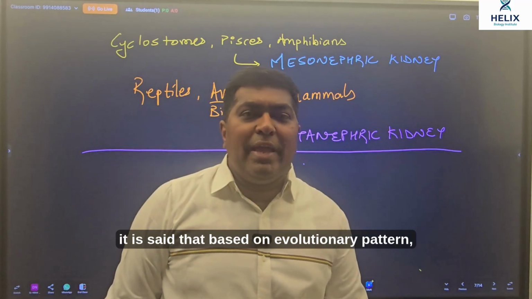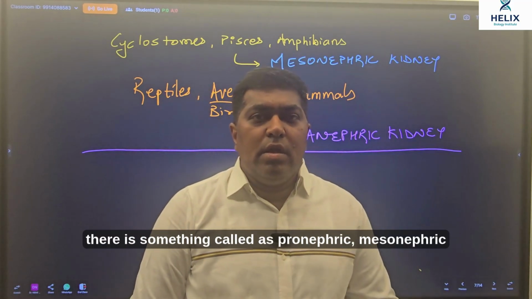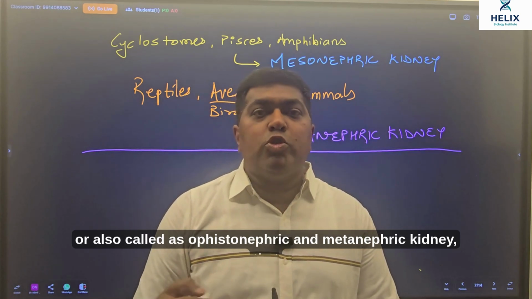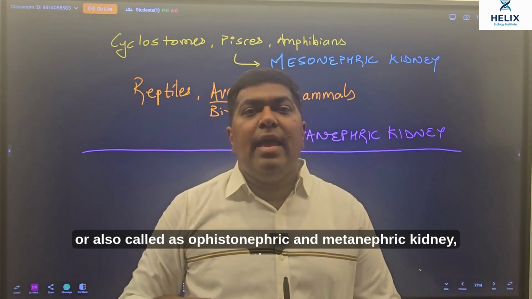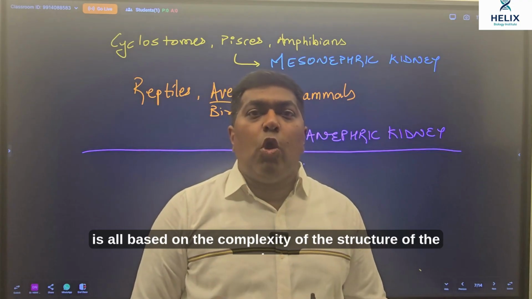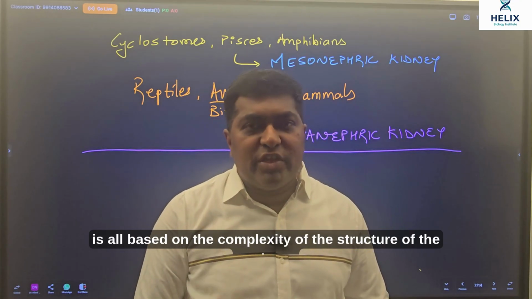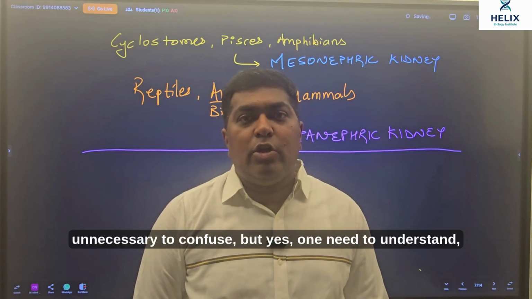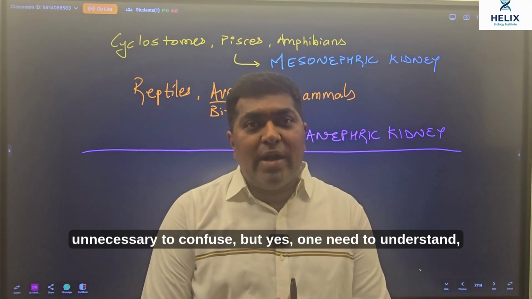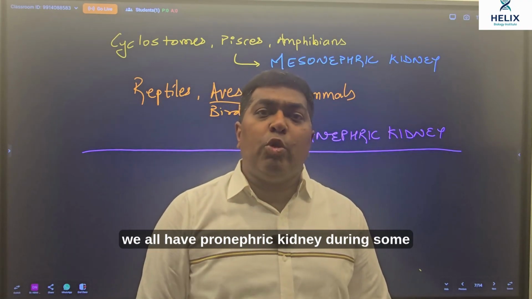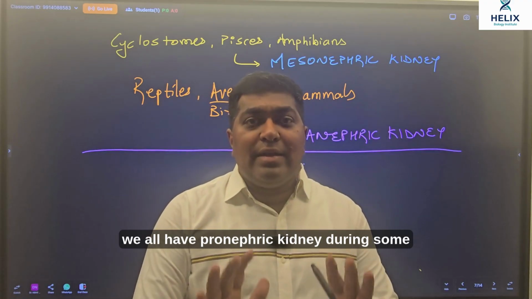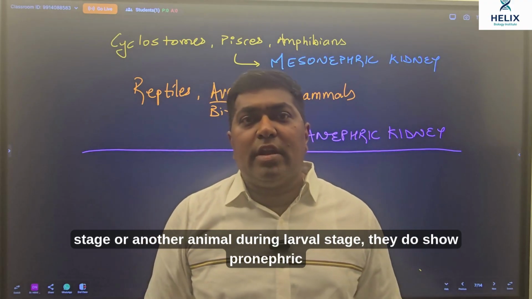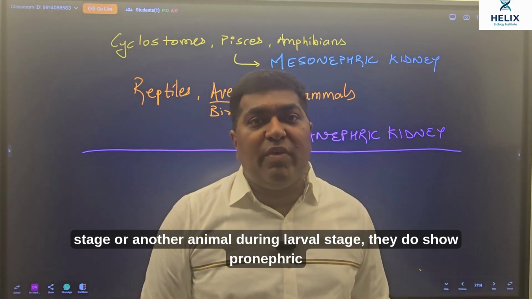So it is said that based on evolutionary pattern, there is something called pronephric, mesonephric, also called opisthonephric, and metanephric kidney. That is all based on the complexity of the structure of the nephron. Not a part of the syllabus, so we are not going into detail, unnecessary to confuse, but yes, one needs to understand we all have pronephric kidney during some stage of life, that is at least during our embryo stage, or in other animals during larval stage, they do show pronephric kidney.